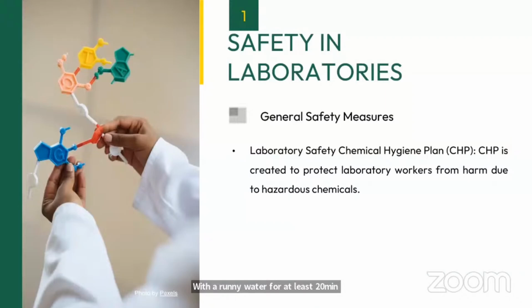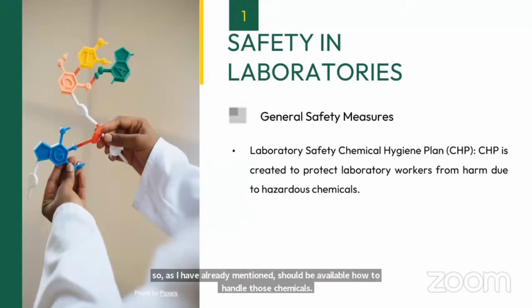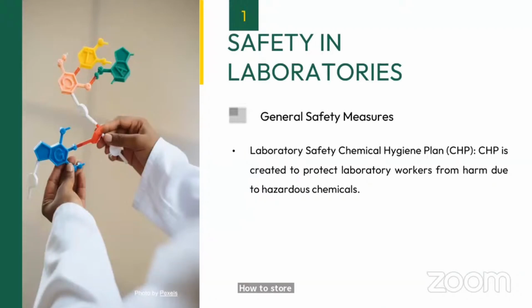The laboratory safety chemical hygiene plan is created to protect laboratory workers from harm due to hazardous chemicals. As I have already mentioned, the safety data sheet should be available: how to handle those chemicals, how to store them, how to use them, and finally how to discard them.